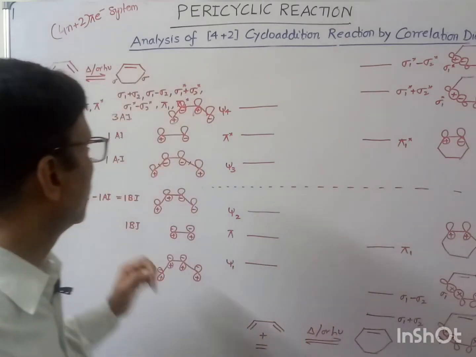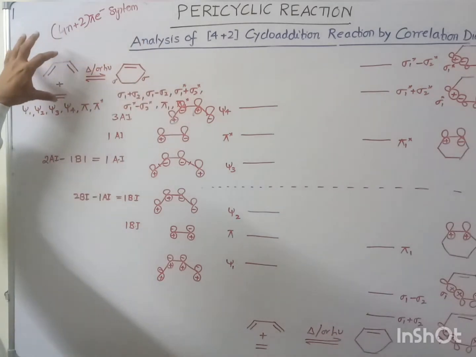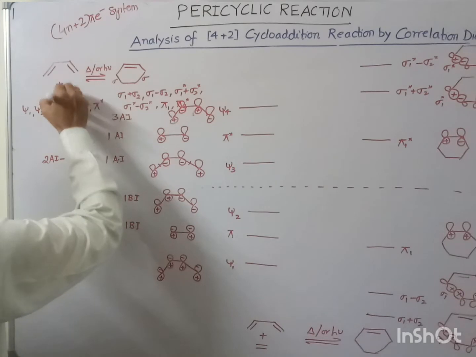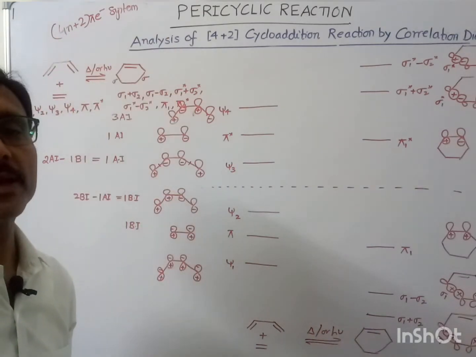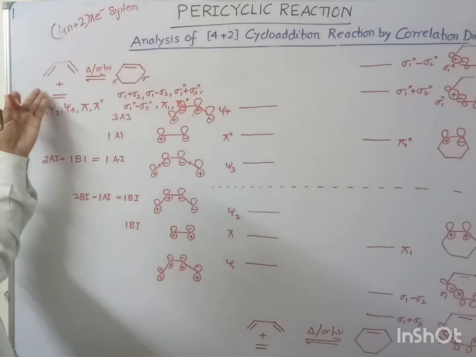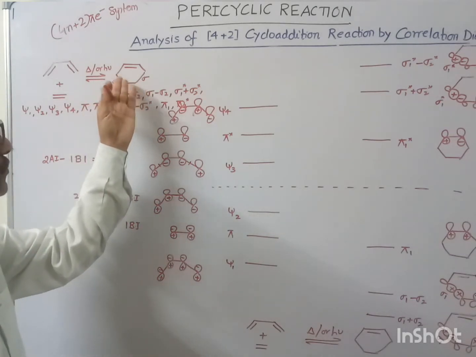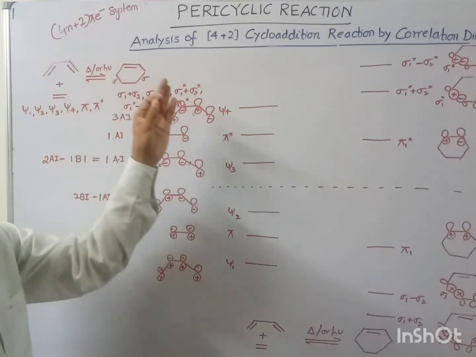But here no C2 symmetry is involved in either the reactant or the product. If I draw one of the rotation axes over here, then after rotating it by 180 degrees or any angle, we will not get the same reactant. In the same way, we will not get the same product. So C2 is not present in the reactants and product.